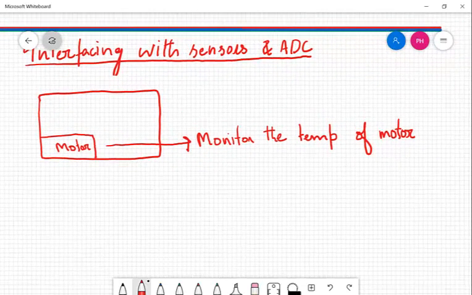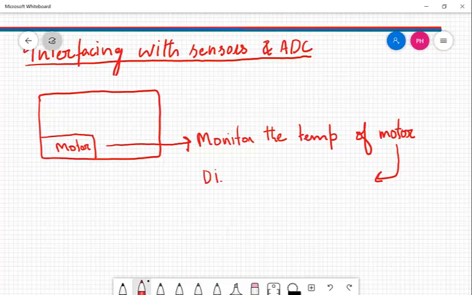And then we have to monitor the temperature, and then we have to display it on LCD screen. Fine. Two things: we have to monitor the temperature and then we have to display it on LCD screen.